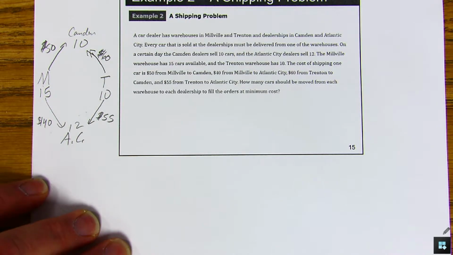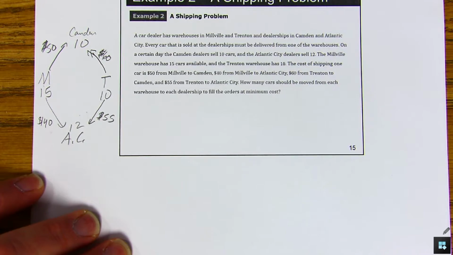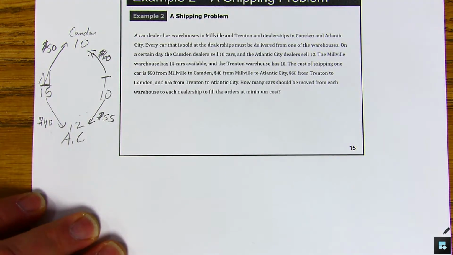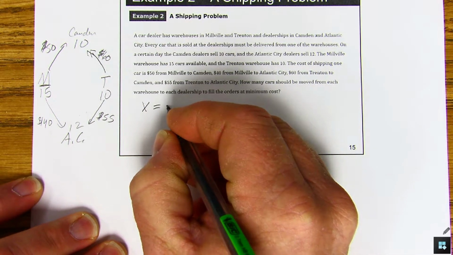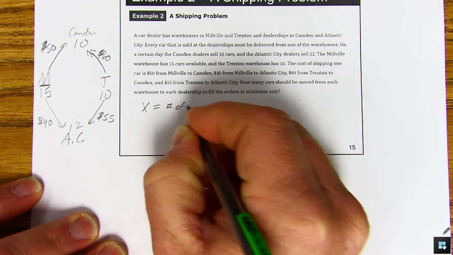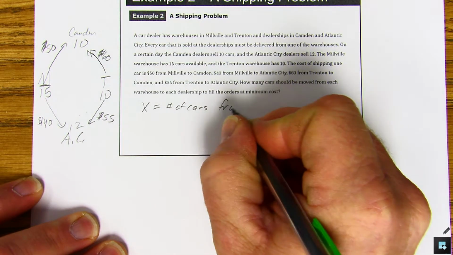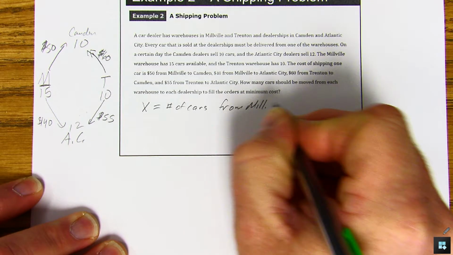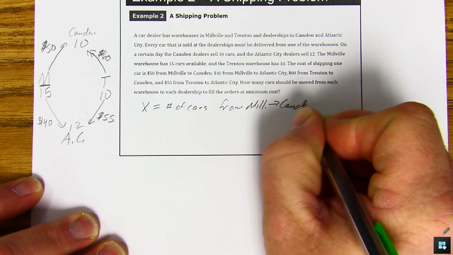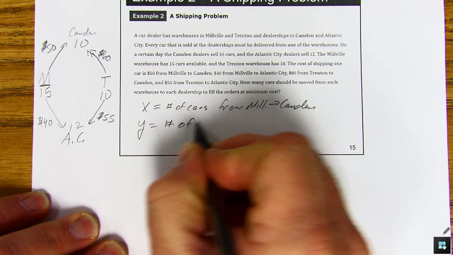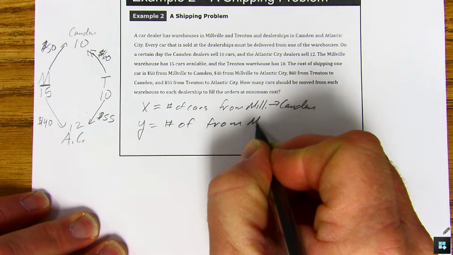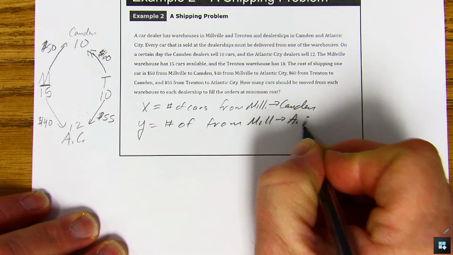So, a couple things we do know. Let's start with just Millville for right now. I'm going to let X represent the number of cars from Millville to Camden. I'm going to let Y equal the number of cars from Millville to Atlantic City.